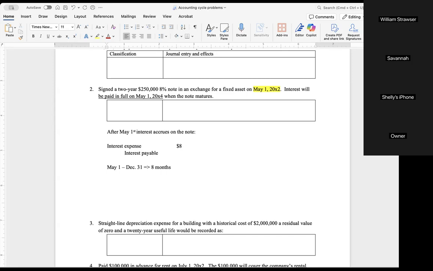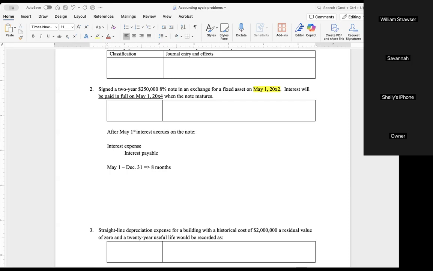So make sure you show me work so I say, oh, they got everything but this one tiny piece, then that's not a big deal. But it is 8 months. I think the best way to consider it is if you're starting at May 1st, 4 months have passed in the year: January, February, March, April. 4 months have passed, so 8 months must still be there.